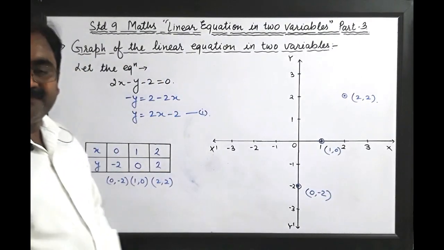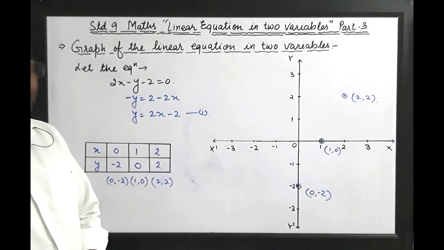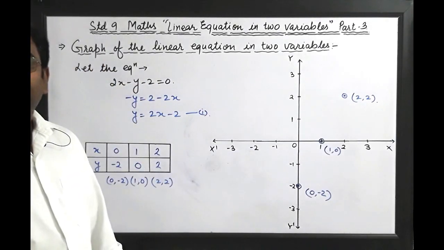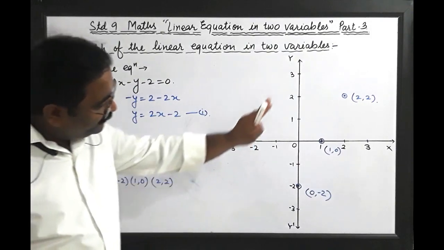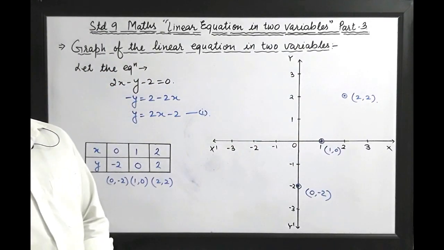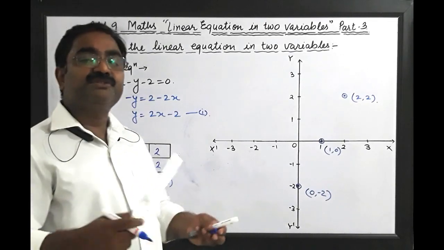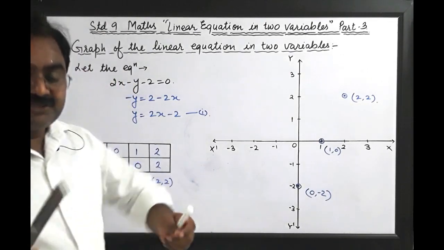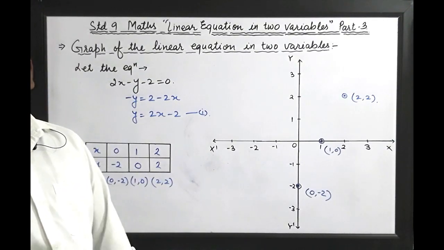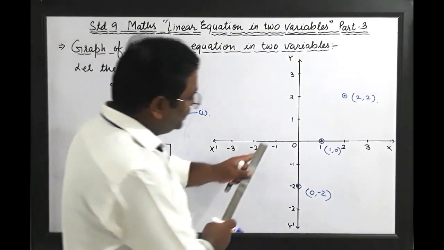Right, children? After plotting these three points, with the help of all these 3 points we have to draw a line. Let us see what type of line this is. Then we will come to a few results. So join these points.